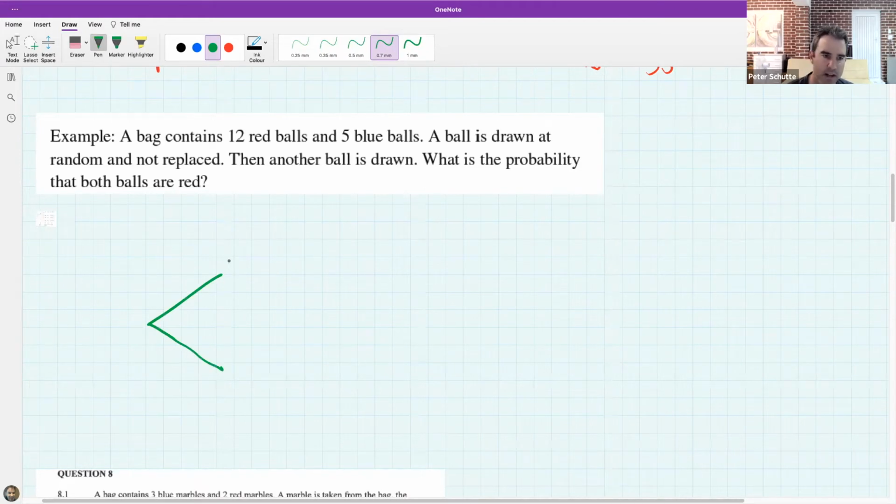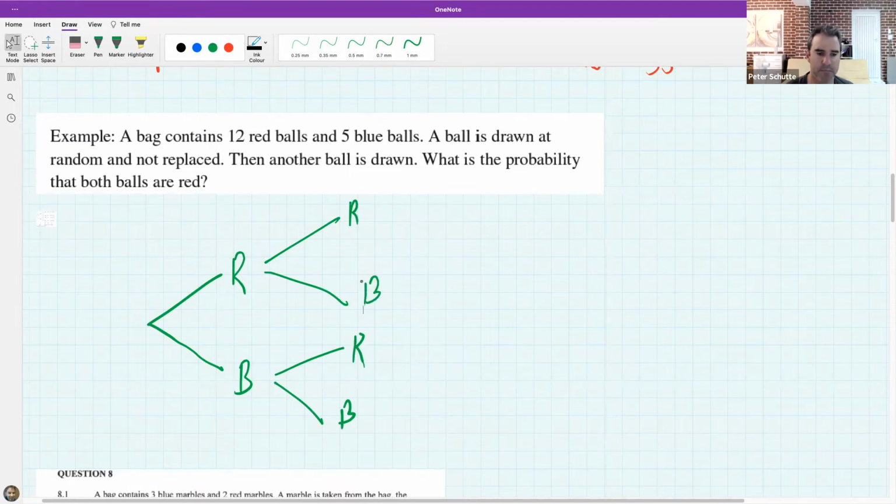It feels to me like red and blue. The problem is, what are the numbers? That's the problem.